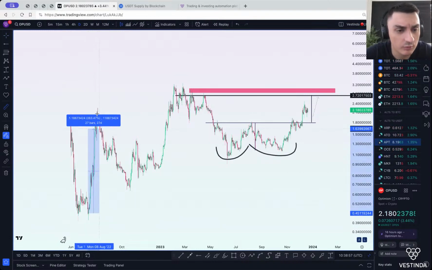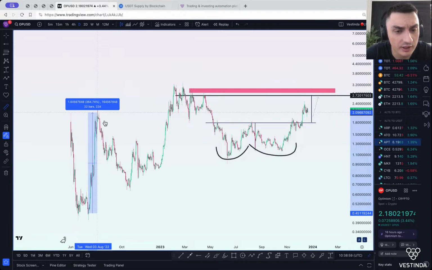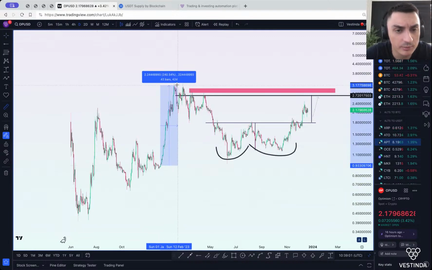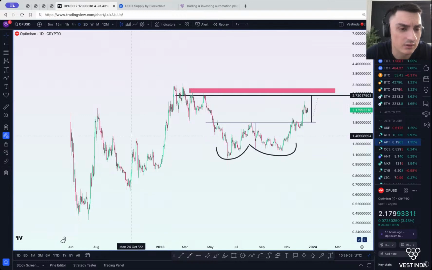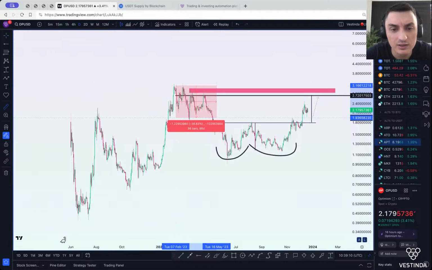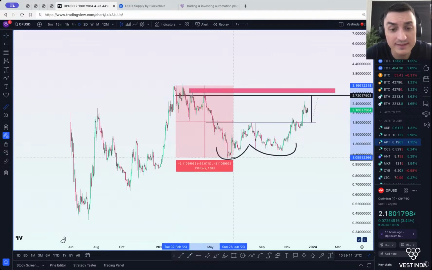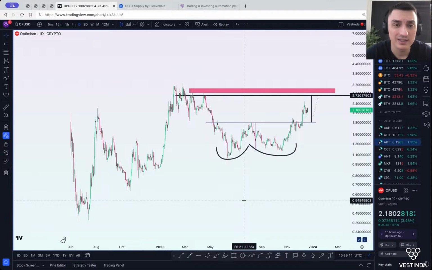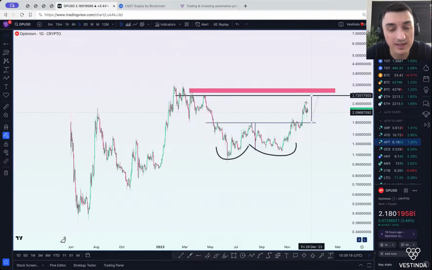We had this swing, we were up 300%. We had this swing, we were up 200%. After that we dropped really hard, like minus 70%. Then again, pretty much the same, minus 70%. It's kind of a sideways market, so just to be careful with that, I'm going to expect smaller targets for OP on this occasion.